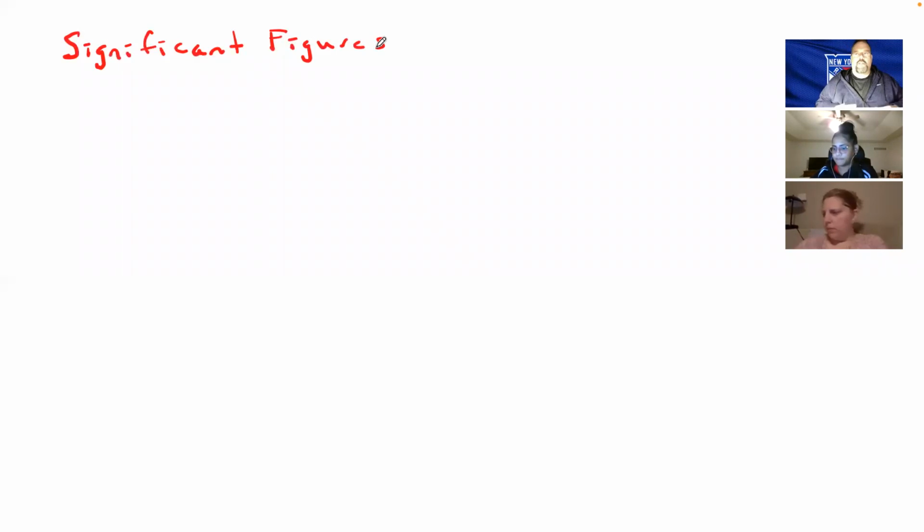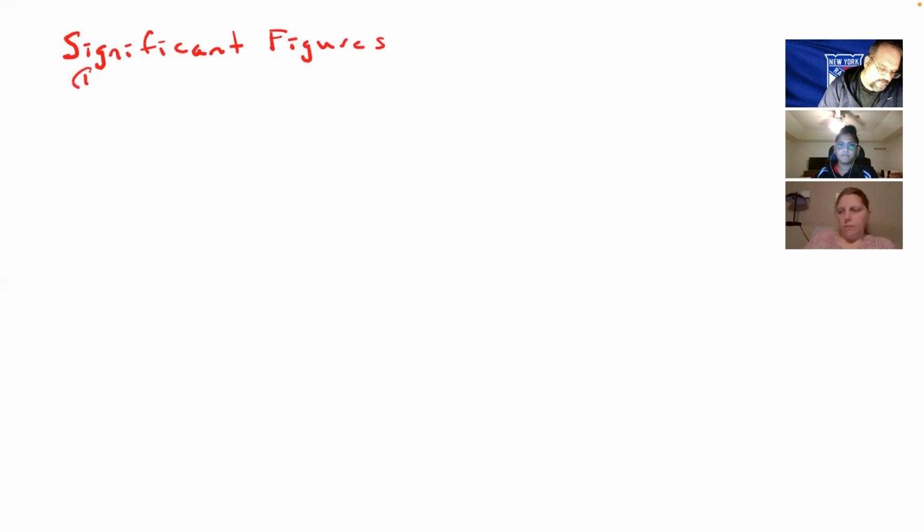Essentially, measured numbers are determined whenever you use some sort of measuring device, like a ruler, a thermometer, a balance, a graduated cylinder, basically anything of that nature to figure out a measurement. The digits that are there are classified as significant figures. What it really comes down to, for the most part, is the zeros.